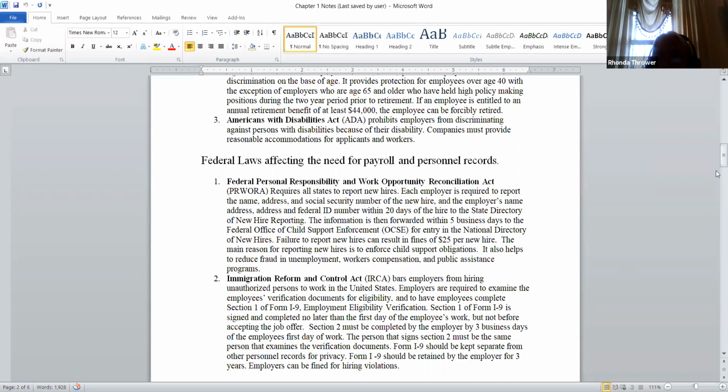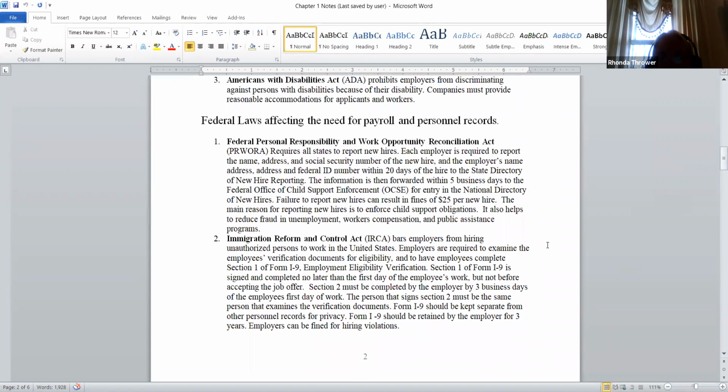So employers have to make sure that the employee completes the Part 1 section for verification of eligibility to work in the United States. The I-9 has a second section that has to be completed by the employer, and they have to do this within 3 business days of the employee's first day of work.